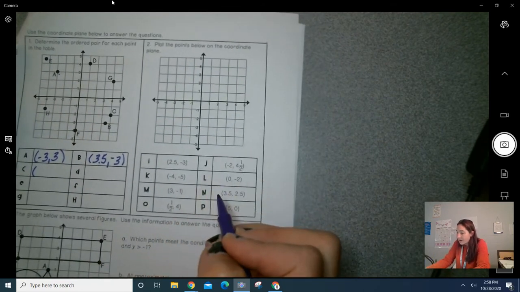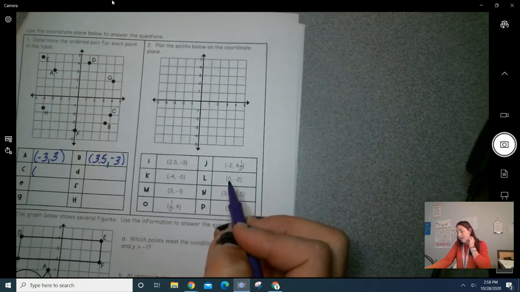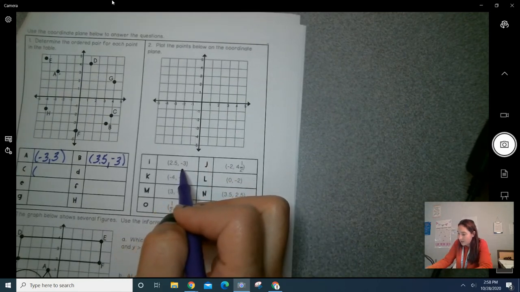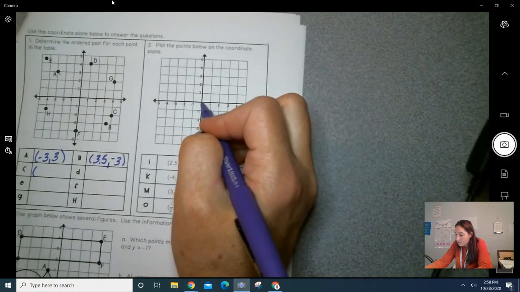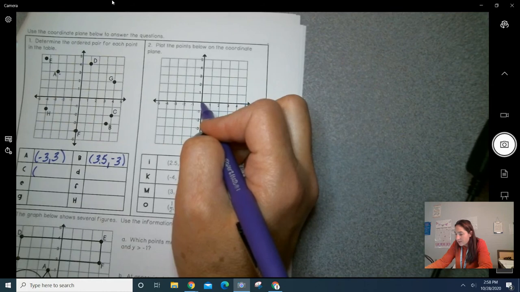All right, let's do I and J. And then again, I want you guys to plot these on your paper and bring it to class. So I says 2.5, -3. Again, we start at the origin. We always start at the origin to plot points. And the first number is horizontal. So I'm going to go to 2.5 horizontally.